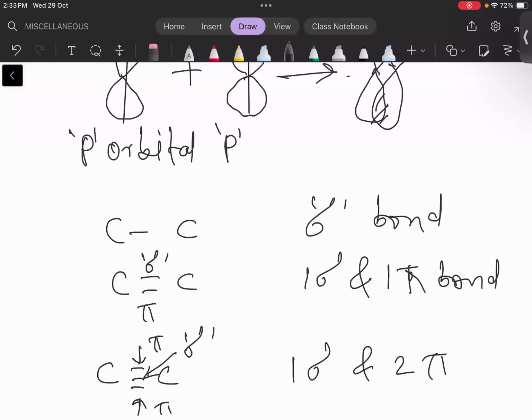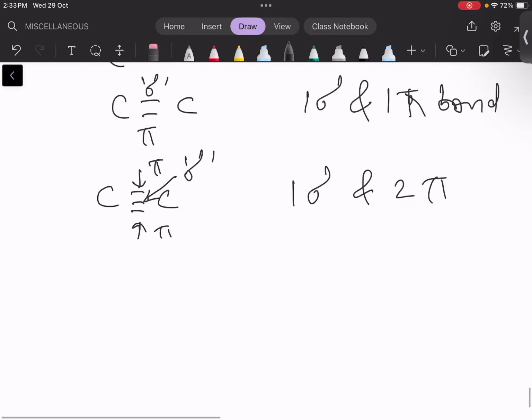Dipole moment is the product of charge and the distance between the center of cation and center of anion. Dipole moment is the product of charge and distance between the centers of positive and negative charge.